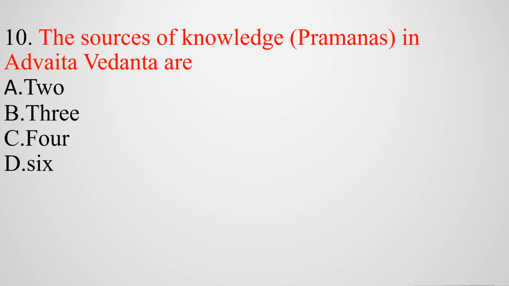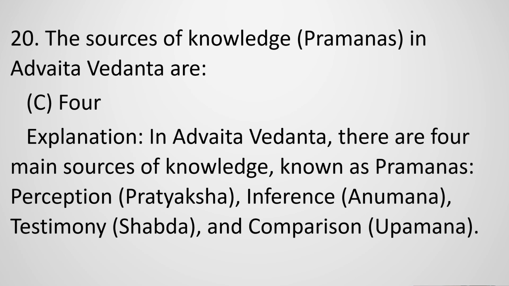The last one, the source of knowledge. Advaita Vedanta. Options 2, 3, 4, 6. Which one is right? 4 is the right one. In Advaita Vedanta, there are 4 main sources of knowledge known as pramanas: perception, inference, testimony, and comparison.